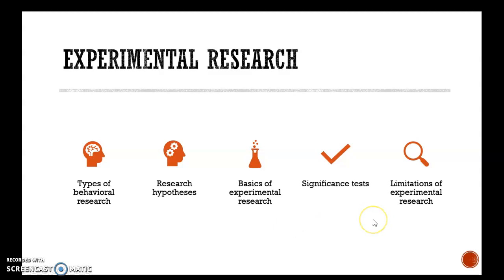So what is experimental research? It's used a lot in behavior research, and for experimental research, you have to have a research hypothesis as the basis of the experiment. And then you're going to use a set of variables, independent variables and dependent variables, and you're going to determine if those independent variables influence the dependent variable.